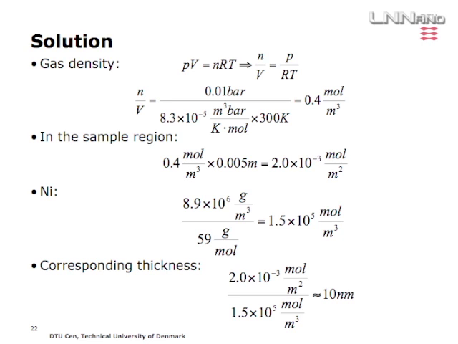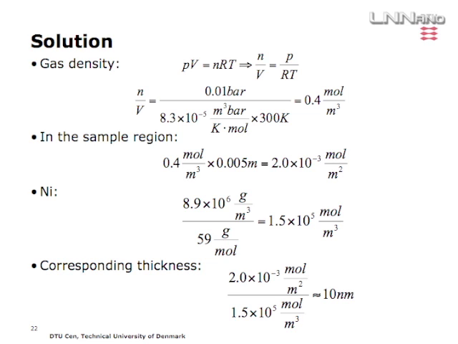If you assume, and that's probably quite safe with the gases we're using in the microscope, and considering that the pressure is quite low, it's probably fair to assume that we can consider it an ideal gas. So we can just reorder the ideal gas equation a little bit, and we can calculate the density within our microscope at 10 millibars. It should be about 0.4 moles per cubic meter. In the sample region, so this should again be 7 millimeters, not 5, but doesn't change the numbers much, we have about 2 times 10 to the minus 3 moles per square meter.